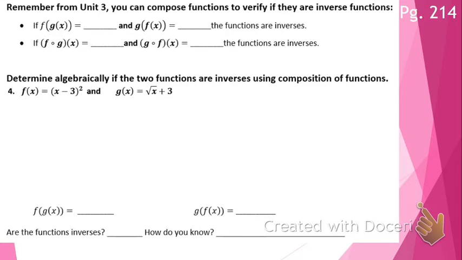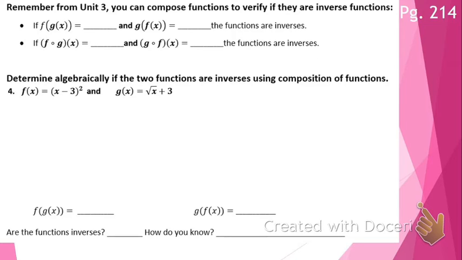All right. Do you guys remember back in Unit 3 doing compositions of functions where we took one function and stuffed it inside the other function? We're going to learn how to do that with these inverses now. How will I know if they really are inverses?